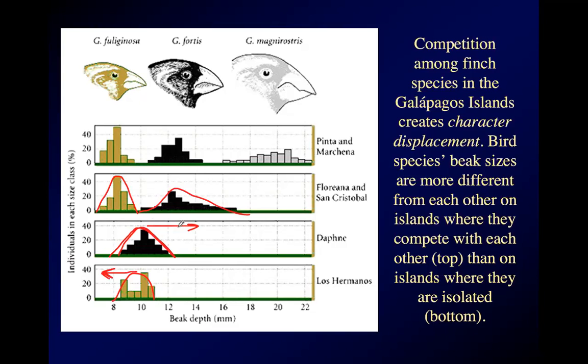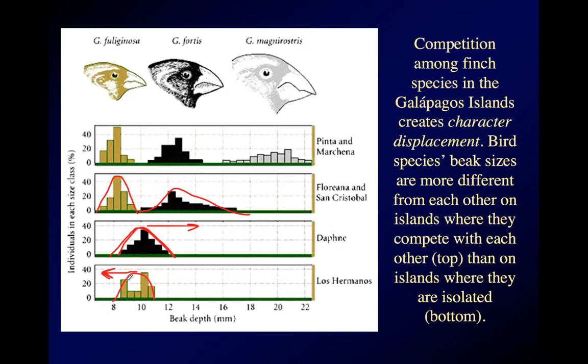If you are, let's say, fortis, the medium beaked ground finch, living on an island where there's also small beaked ground finch, then if your beak is large, it means you're not competing with the other species. So you're likelier to find enough food because there's less competition for it. So where these birds live together, selection has tended to push both of them to become less like each other.